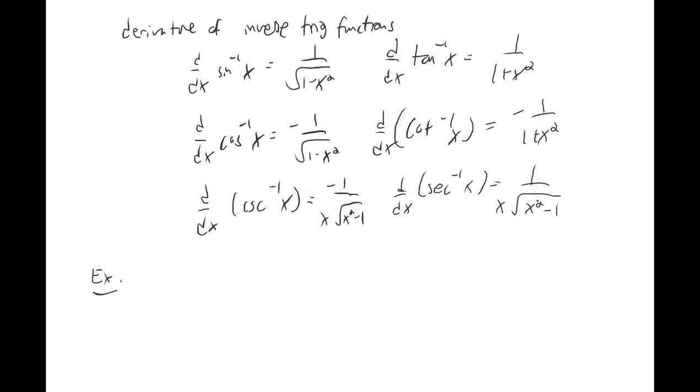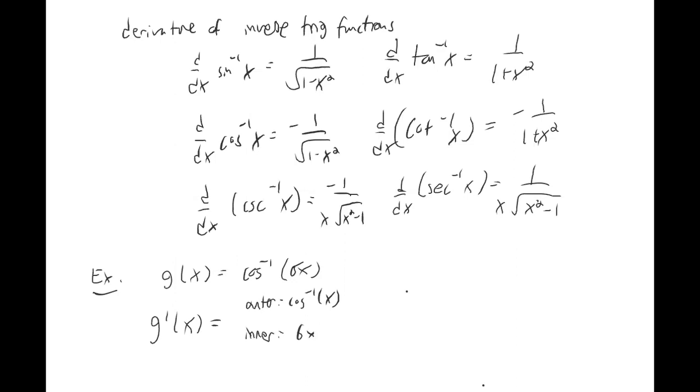But how would you find, say, g of x is cosine inverse of 6x? Well, what is g prime? Same exact thing, right? This is chain rule, with outer being cosine inverse of x, inner being 6x. So chain rule: what's the derivative of cosine inverse?